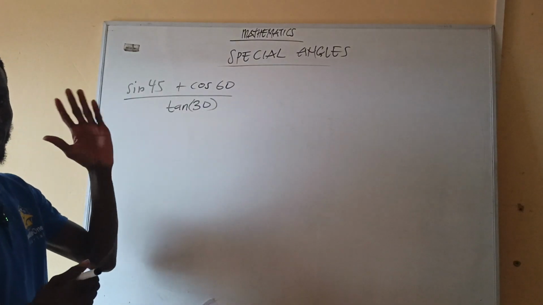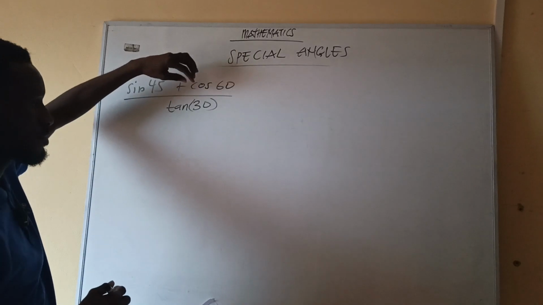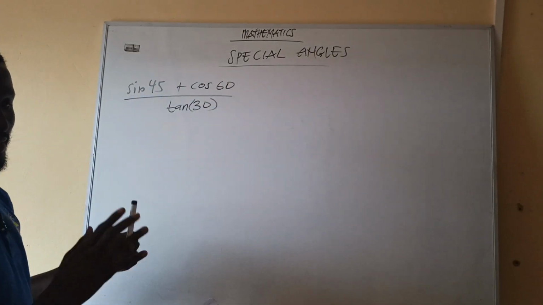Now, these ones are also special angles, so you need to check the sine 45, you substitute, cos 60, you substitute, and then tan 30, then you substitute.